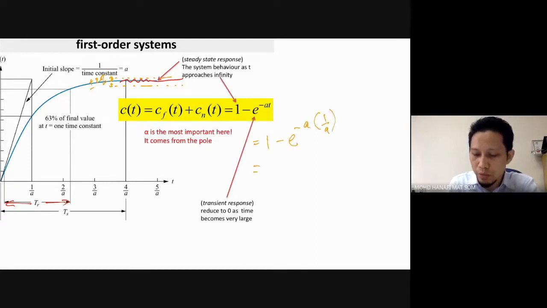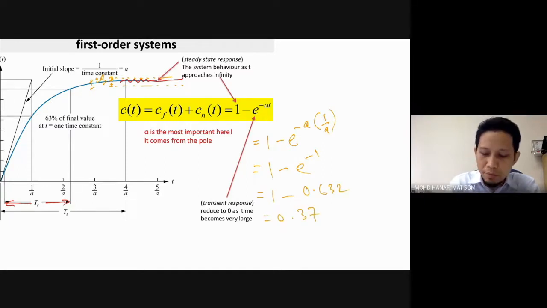So what we have is 1 minus exponential negative 1. Try to calculate using your calculator. What you get is 1 minus 0.632, so you will get about 0.37.